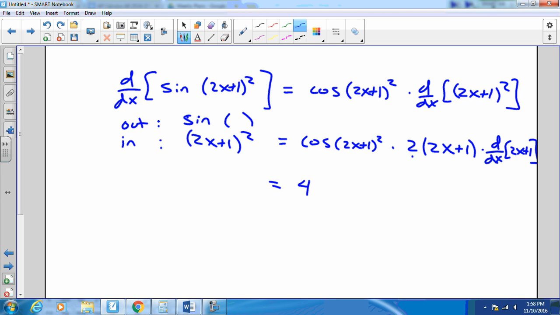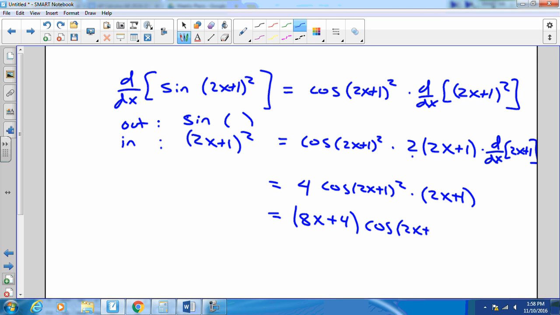Derivative of 2x plus 1 is 2. And I'm going to collect the other factor of 2 that I had right there. And I'm done. Probably, honestly, the cool mathematicians would combine a little bit to write it like this. Does that make sense?